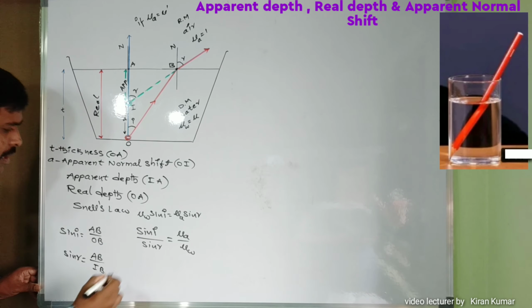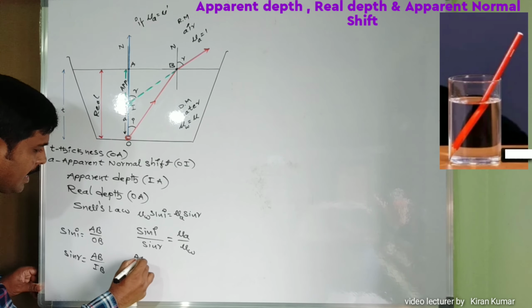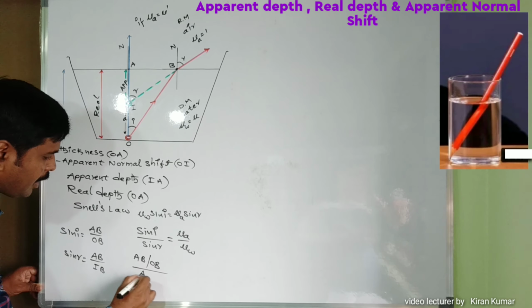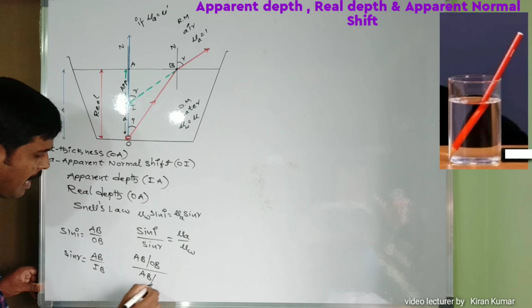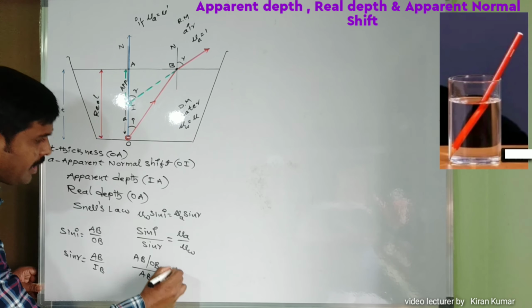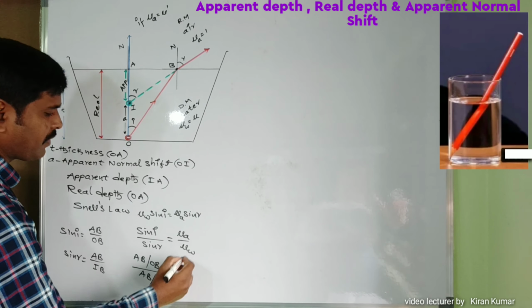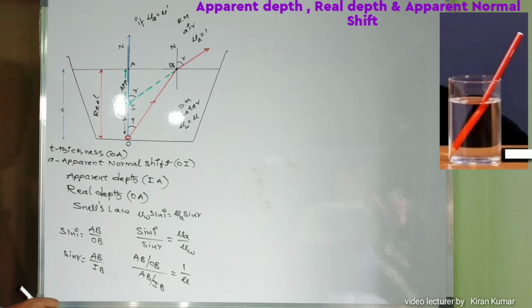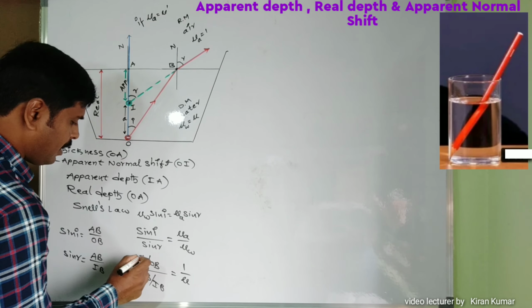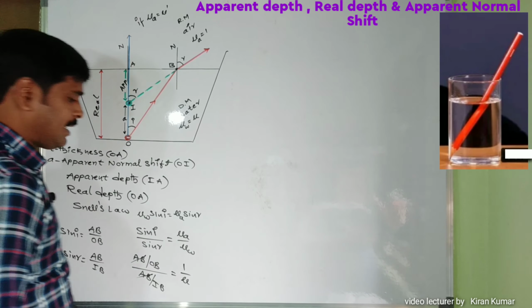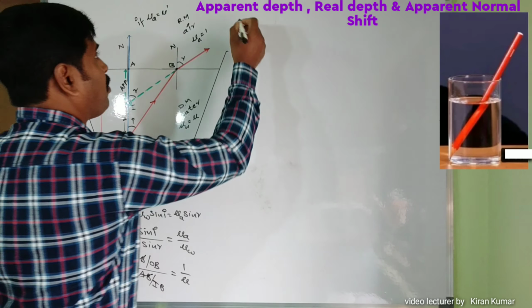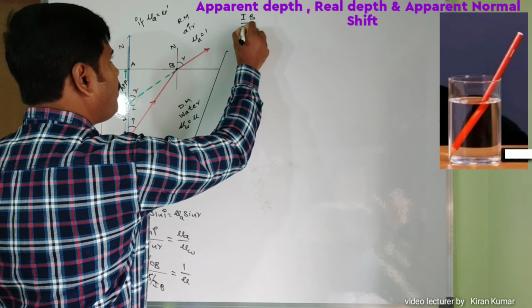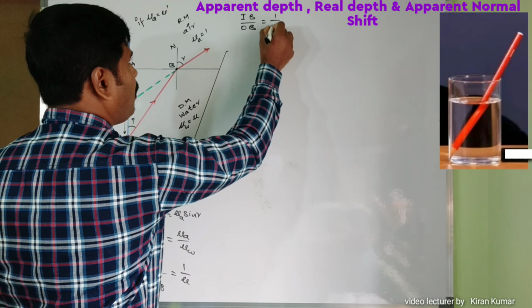Replacing the values, sine i is AB divided by OB, whole divided by AB divided by IB, which equals the refractive index of air, 1, divided by the refractive index of water, taken as mu here. Okay, so AB gets cancelled, and continuing, IB divided by OB equals 1 divided by mu.